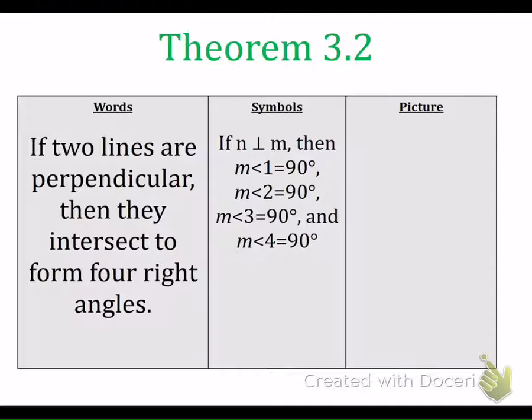So in symbols, this says that if line N is perpendicular to line M, then the measure of the first angle is 90, the second angle is 90, the third angle is 90, the fourth angle is 90, and it looks like that. Like I said, typically one of them is labeled, and you would know that they're all 90. Questions?